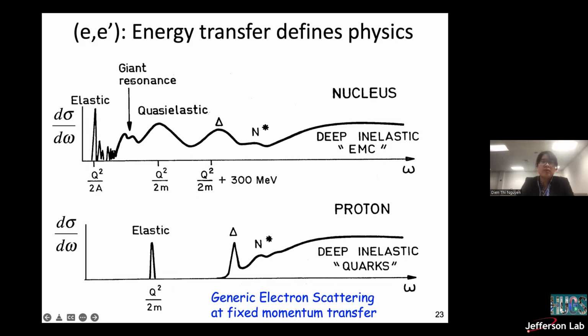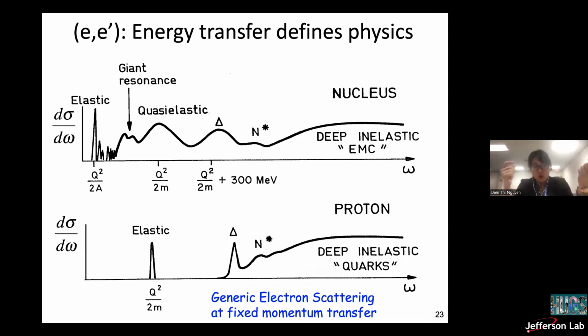Then we will have the giant resonance, and then we enter another physics area, quasi-elastic, which has a kind of broadened peak here. We will talk a lot about this one later. Then we will have different resonances, and they are also washed out by the DIS reaction. So there is a combination of two things here, and you shouldn't mix them up.